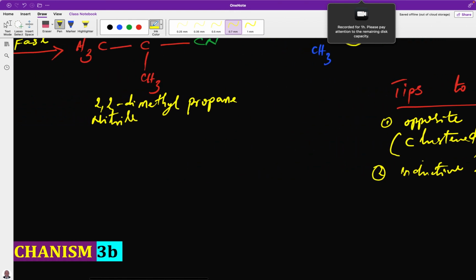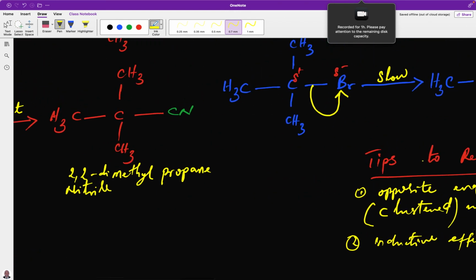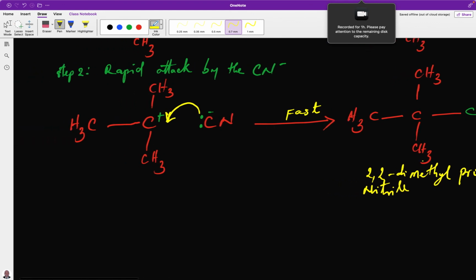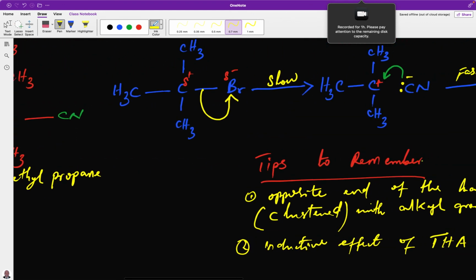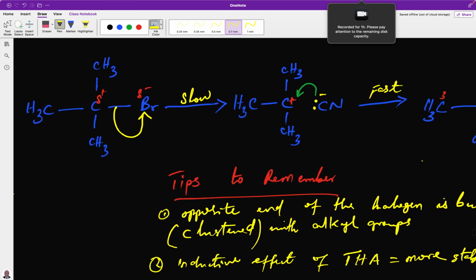So now, look at this one again here. The inductive effect. In this molecule, here we have 1, 2, 3. There are 3 alkyl groups, or methyl groups, attached to this carbon holding the halogen. What does it imply? The methyl groups have inductive effects.